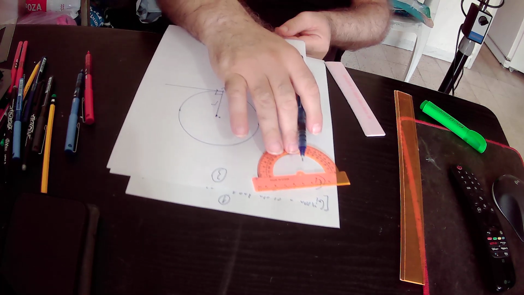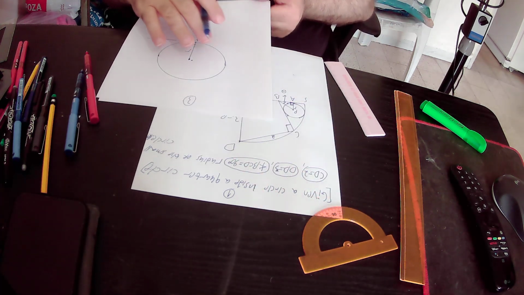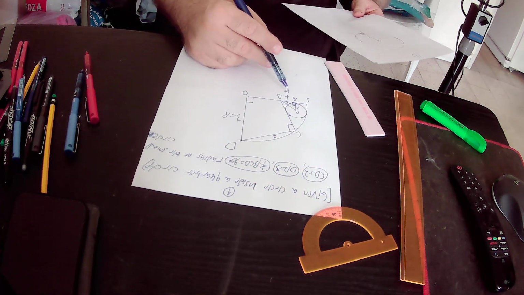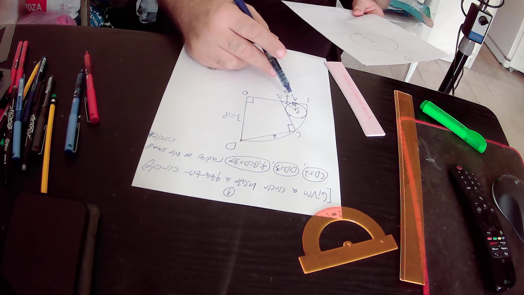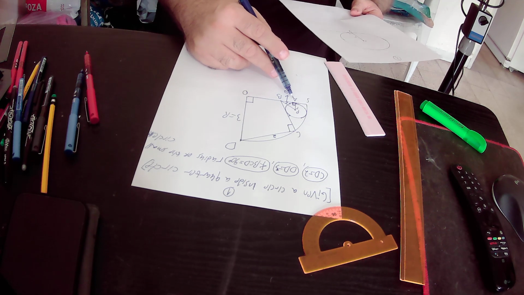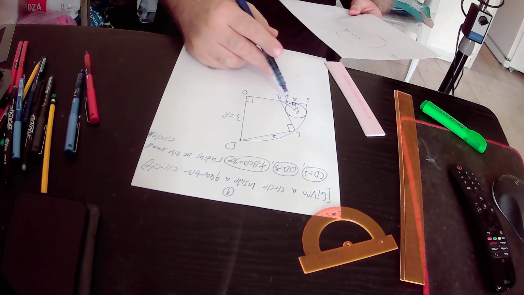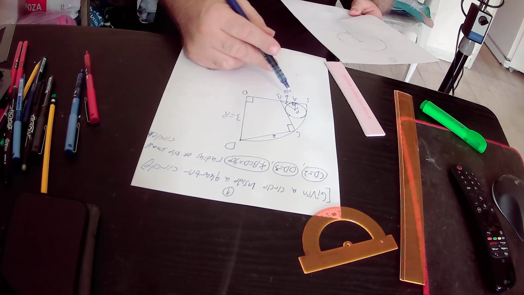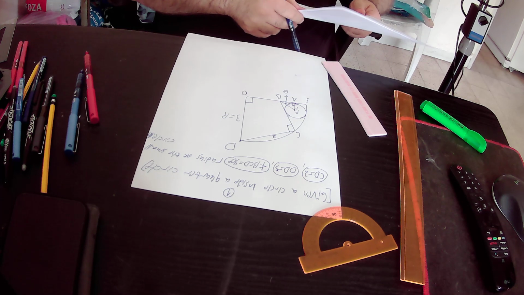For that reason, the tangent AB and the radius AP are perpendicular to each other because they touch each other at the point of tangency, that is to say at point A. Therefore this angle BAP equals 90 degrees.